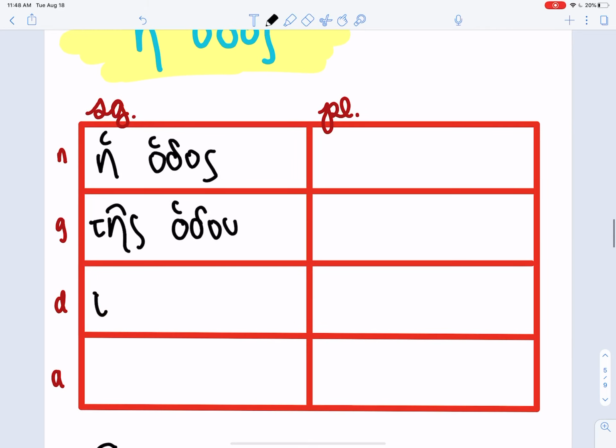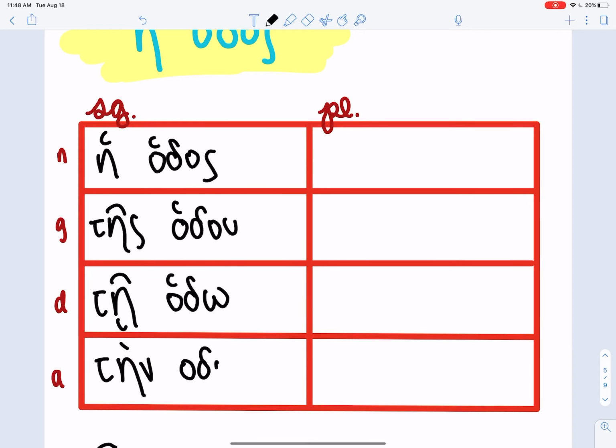And then we have te hodo, and tan hodon. So you see it doesn't match exactly, which is why I was reacting to ho hippos as a relatively easy match for your first try, because those endings are so similar, if not the same, a lot of the time. But here it's just more fun in my opinion.